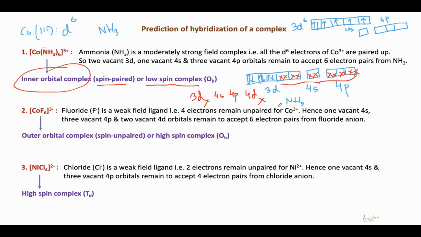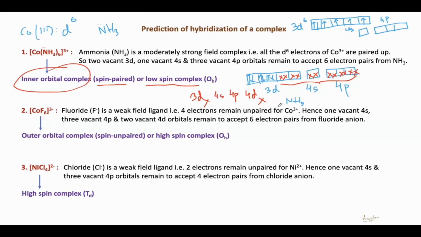Since the spin has also dropped, it is a spin paired, or you can say low spin complex. And since the coordination number over here is 6, it is termed as the octahedral complex. So these are the basic parameters that are discussed in the first example to predict the hybridization of a specific complex, which is here cobalt NH3 whole 6 3 plus.